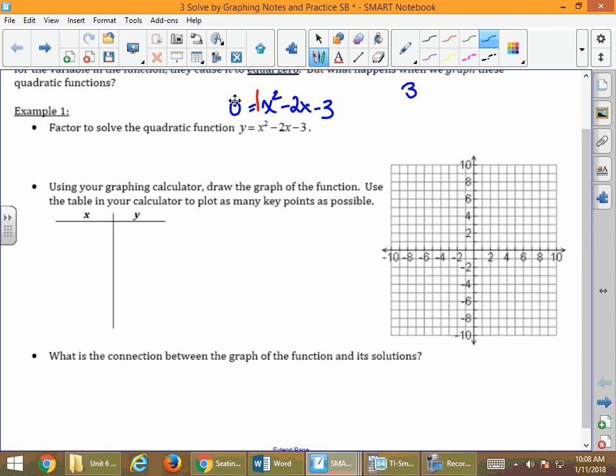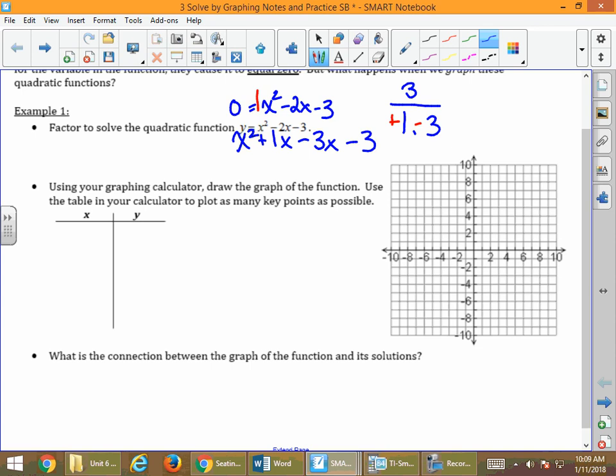We'll deal with the negative when we get our values back into our factoring column. And the only factors of 3 are 1 and 3. 1 times 3 is 3. Can we ever get 2 from there? And hopefully we can. It's going to be positive 1 and negative 3 when we split the middle. So it's going to be x squared plus 1x minus 3x minus 3.